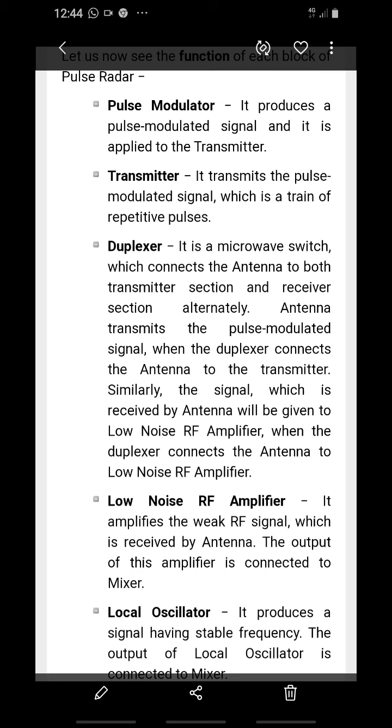Similarly, the signal which is received by the antenna will be given to the low noise RF amplifier when the duplexer connects the antenna to the low noise RF amplifier.